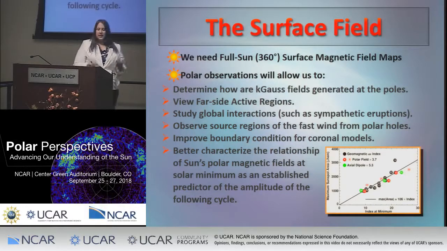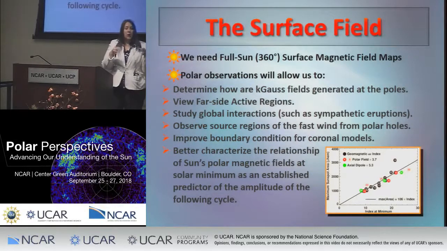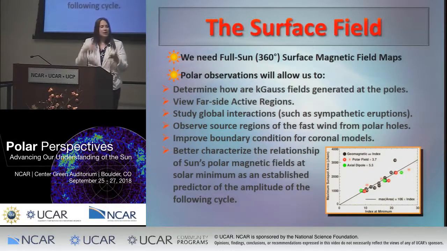These polar observations will allow us to determine how the kilogauss fields that were observed in Hinode are generated. They will give us a view of the far side active regions. Polar observations will allow us to study global interactions such as sympathetic eruptions. It'll allow us to observe the source of the fast solar wind from these coronal holes, and I think that will be really exciting to have a direct head-on view of those.